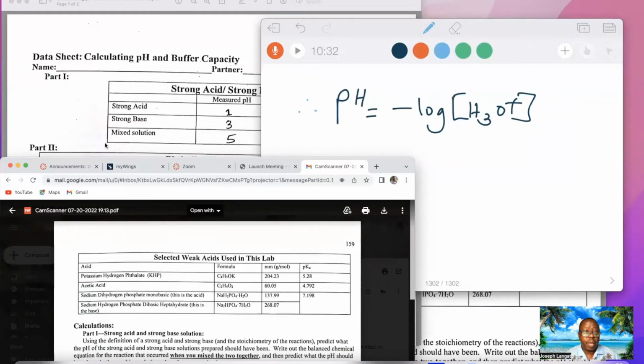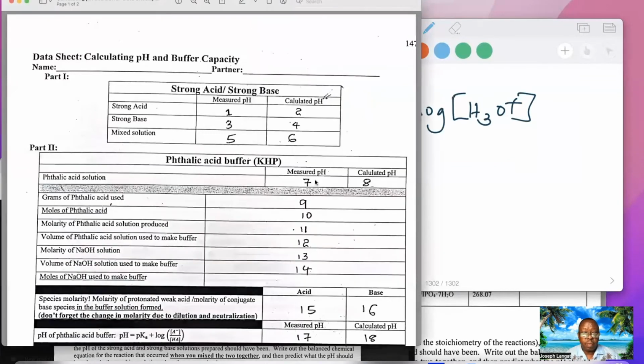That is number 8. For number 7, you had to use the pH meter. So far, we have answered 9 all the way to 10. Here, 15 and 16, the concentration of the acid and the concentration of the base.